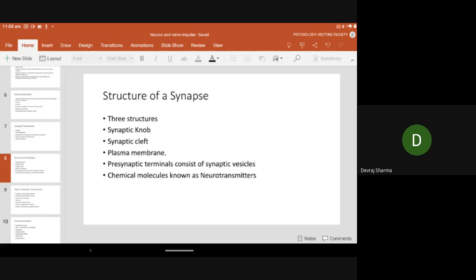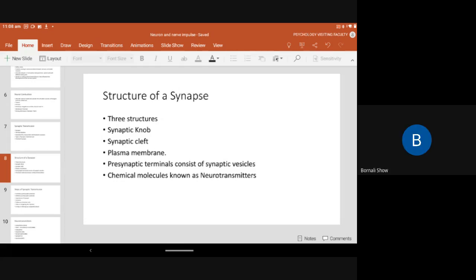This is a fluid-filled sac. The presynaptic terminal consists of these synaptic vesicles. They are nothing but some chemicals in a fluid-filled sac present there. So that is the synaptic vesicle.